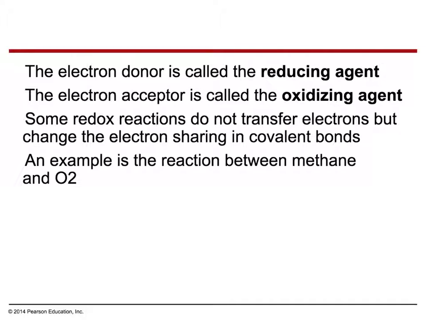So you have a reducing agent and an oxidizing agent. That tends to confuse you a little bit because the electron acceptor is the oxidizing reagent. If you know what's being oxidized and what's being reduced, that's good enough for me. I don't need you to know the vocabulary too much.